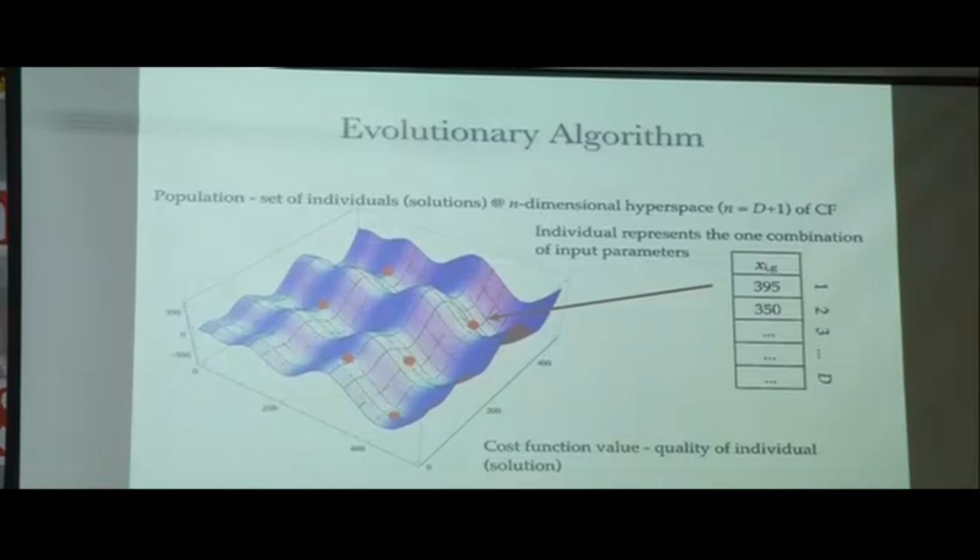We can cross over these solutions, we can make some mutation, or we can be inspired by the natural swarms of bees and cuckoos and some birds and fish, so we can let these particle solutions fly over this cost function surface, and we will try to find the best solution in some iterative way.